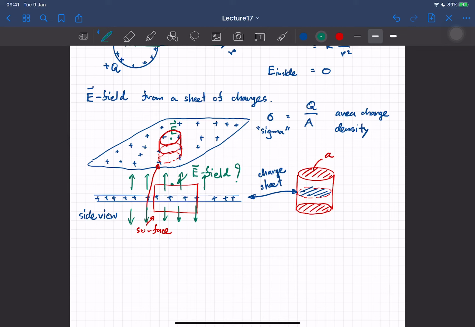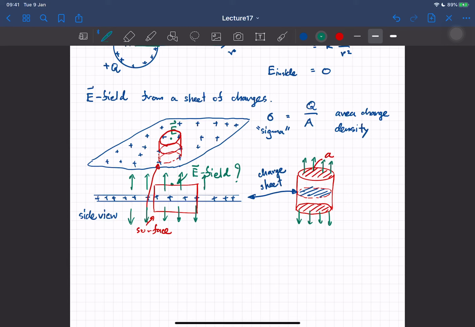So it doesn't make sense to have electric field pointing something like this. That's going to be really strange, because if you say electric field is pointing like that, then I can say, oh, why not this direction then? Because you can just rotate the whole thing and you're going to get this. So in order to avoid that kind of paradox, if you may, the electric field must point perpendicular to the surface. So that means the electric field in the system will point this way and this way.